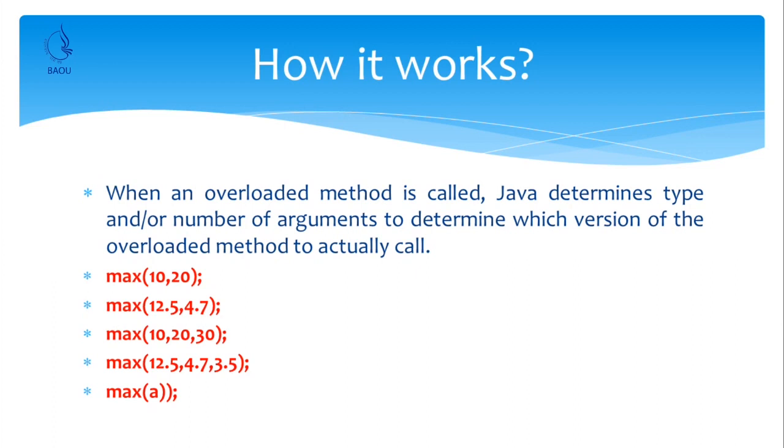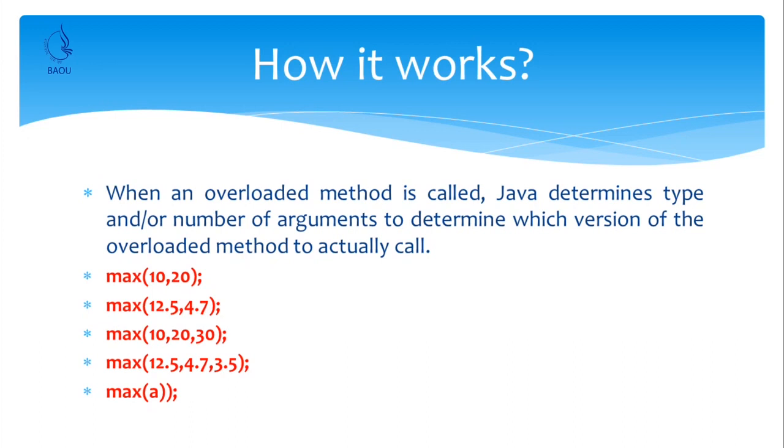So, as we discussed earlier, first the compiler checks how many arguments the overloaded method has. If the number of arguments matches and the types match, then the compiler will execute that definition.